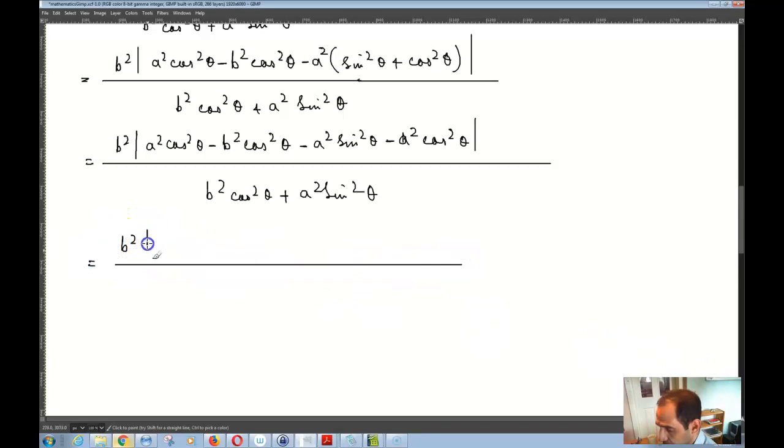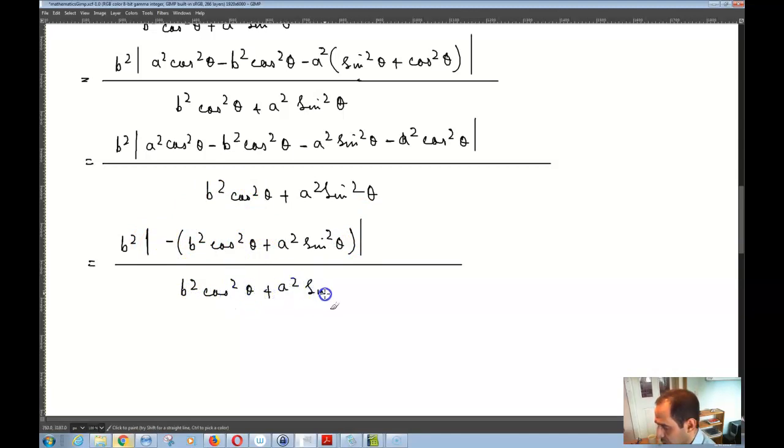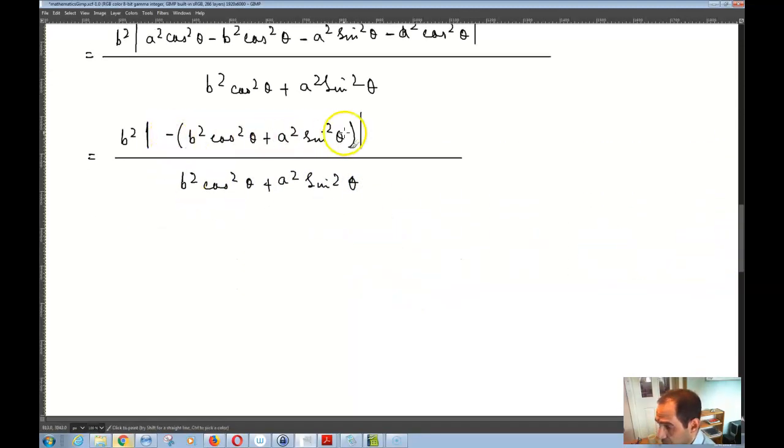So I'm going to rewrite this as b squared, the absolute value of negative of b squared cos squared theta plus a squared sine squared theta, and then divide that by the same thing, b squared cos squared theta plus a squared sine squared theta. If you take this out, you can forget about the negative sign, since this is always a positive expression.